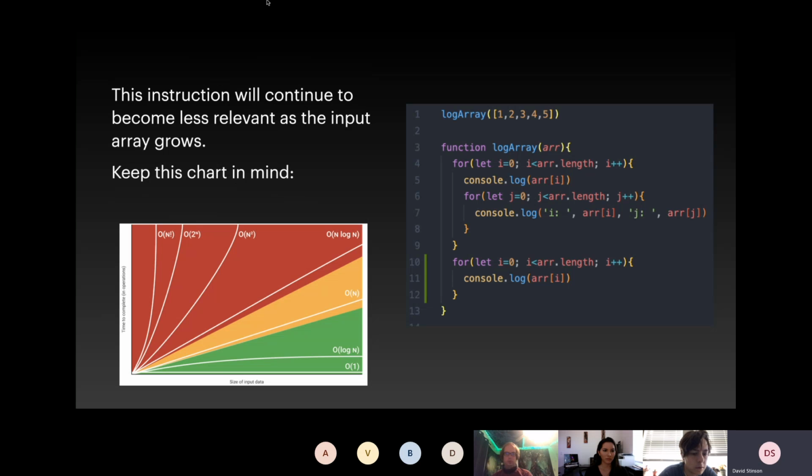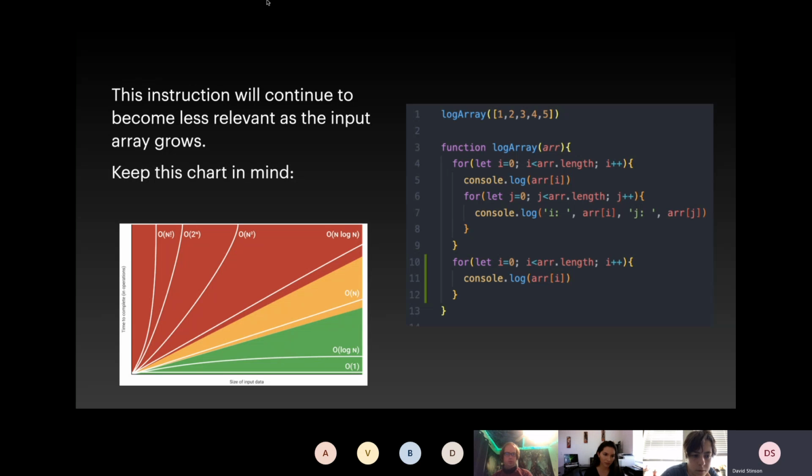So keep this chart in mind. Basically, as an algorithm gets less performant, that's the one that we care about. So an n factorial is greater than a power of 2 algorithm, which is greater than an n squared algorithm, greater than n log n.